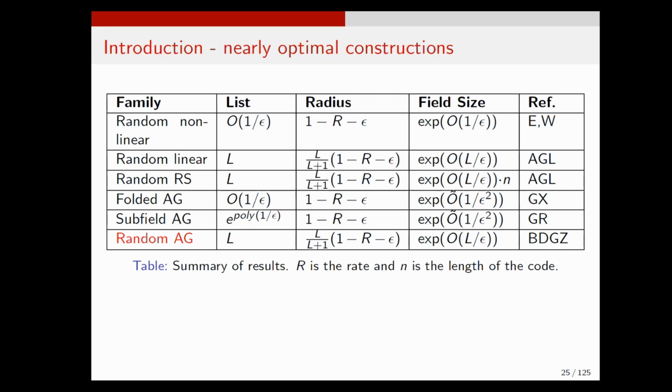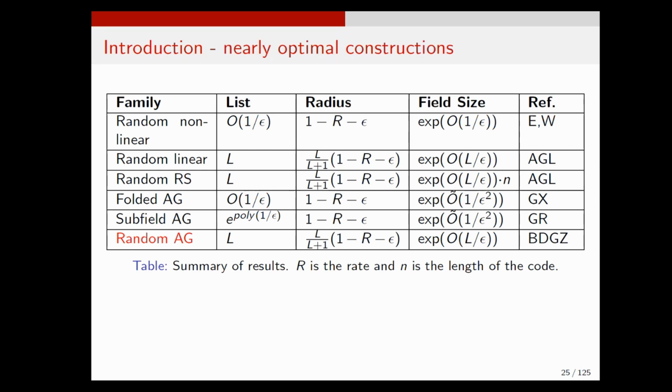Okay, so let's pick a random set of points for this space. For the top three and this red one, which is our result, there are no efficient decoding algorithms. But these two constructions, folded AG and subfield AG codes, are very involved constructions where you take an AG code and use a lot of technical machinery related to subspace design subsets, and you're able to get explicit codes which actually have decoding algorithms.